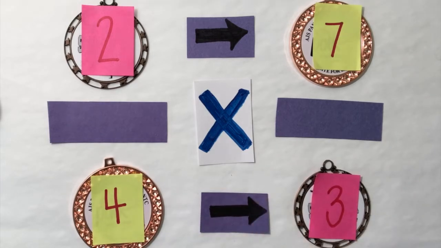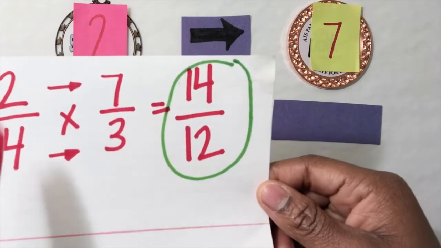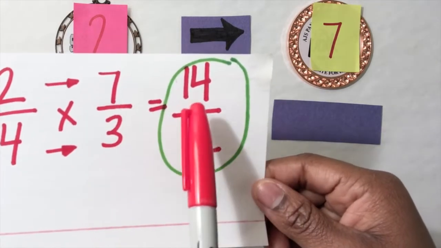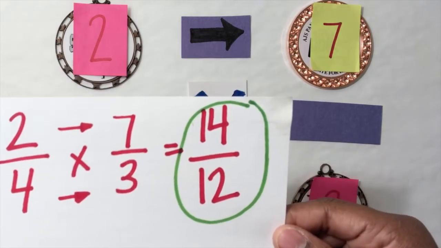What do you get? Let's multiply. 2 times 7 is, 4 times 3 is, what did you get? Here's what I got. 2 times 7 is 14. 4 times 3 is 12.